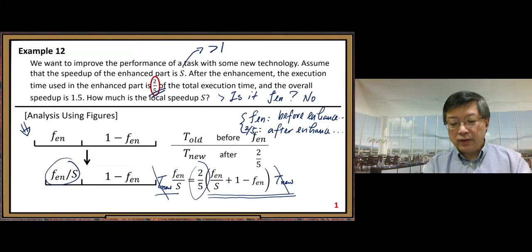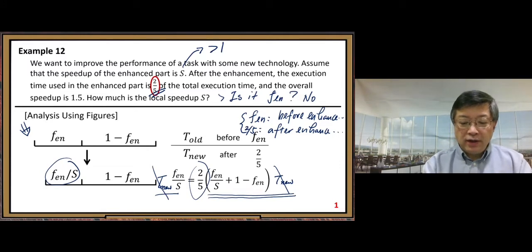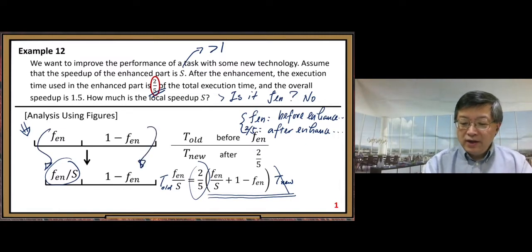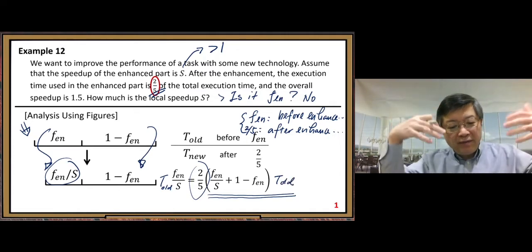Oh, sorry, T old, because we do not know T new. Sorry, T old, because the T old we carry from above. Also T old, not T new.